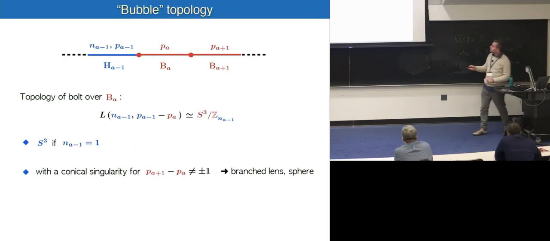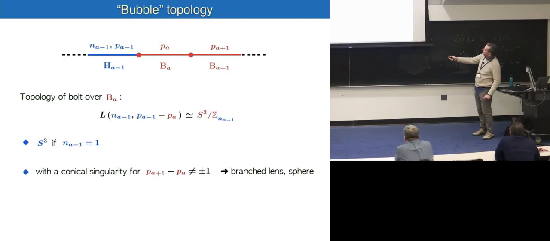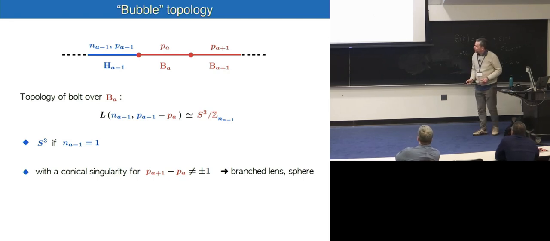Then we can have bubble topologies. So if we consider a bubble, then this can exist with either just bubbles next to it or a horizon and a bubble. So here I'm giving an example where we have a horizon, bubble, bubble. So I'm studying what is the topology of this bubble here. The topology of the bolt over this interval is, in this case, a bit more simple, and it's again an orbifold of S3.